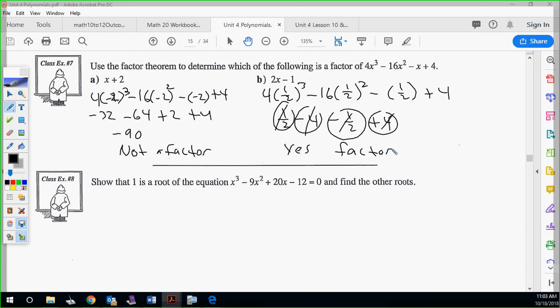Okay? So if we do that, we're doing 1, just testing it out. We've got 1 cubed minus 9 times 1 squared plus 20 times 1, and minus the 12.